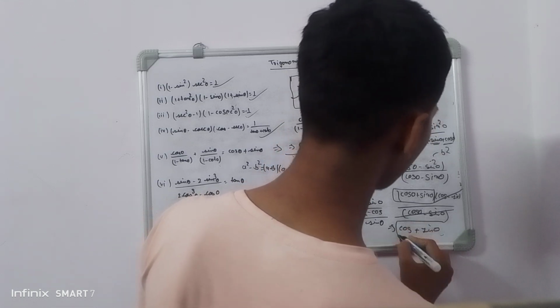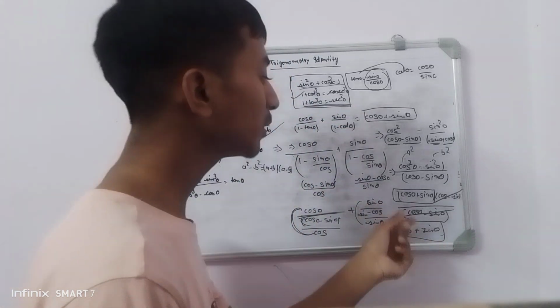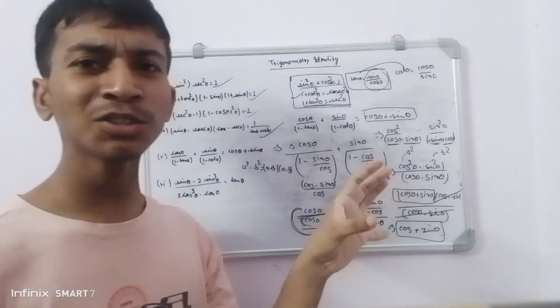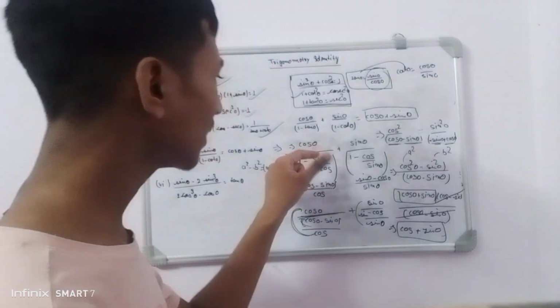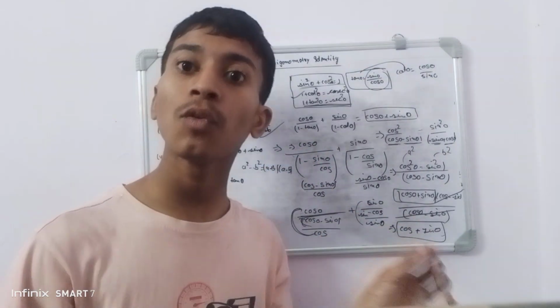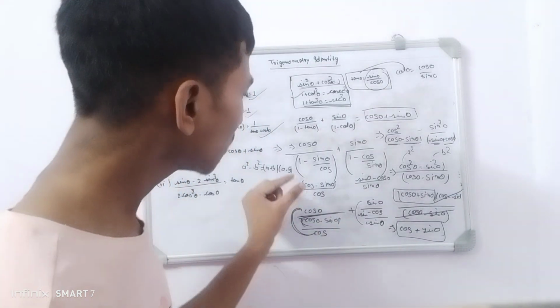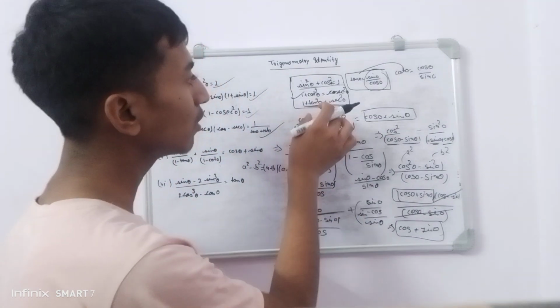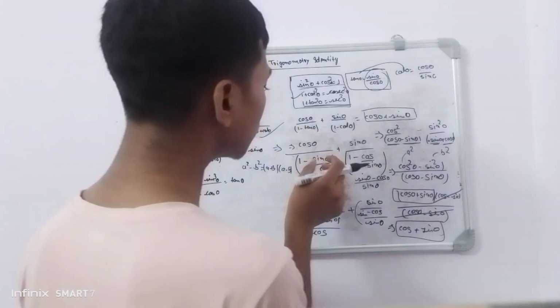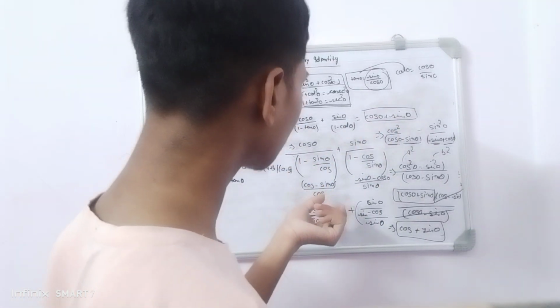So as we remain with this one, this is what we had to prove. As we get to this conclusion, you may think that this is a large and huge question and a little difficult, but what we did here is: if you are not getting the squares, then you have to convert into sine and cos, and when you get fractions you have to take the LCM.